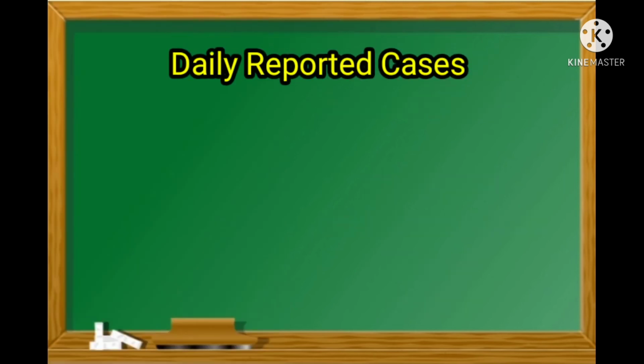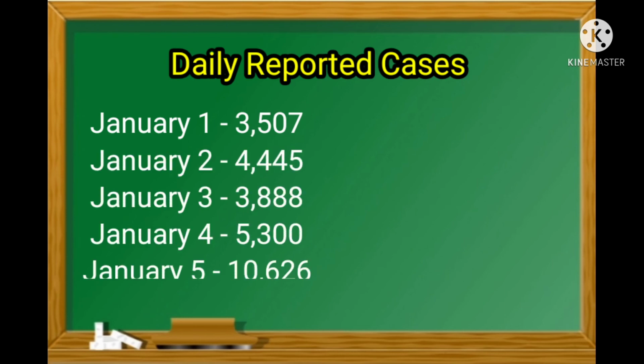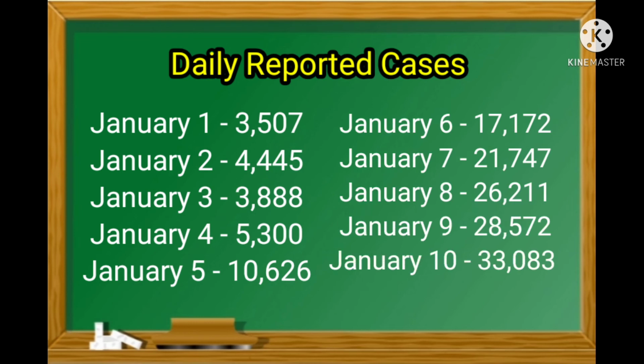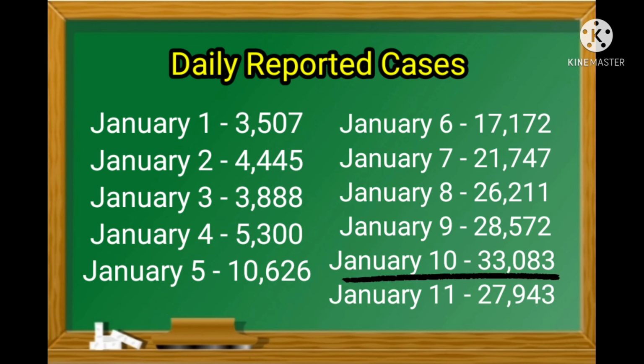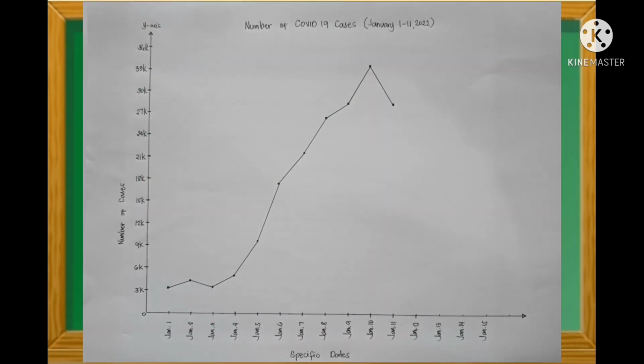Here are the data of the daily reported cases from January 1 to January 11, 2022. It shows that January 10 has the most reported cases. To illustrate its trends, we are going to plot them on the Cartesian plane. The y-axis represents the number of cases and the x-axis represents the date.